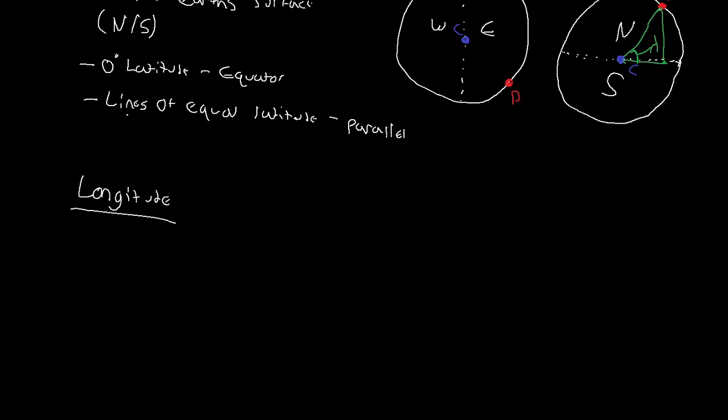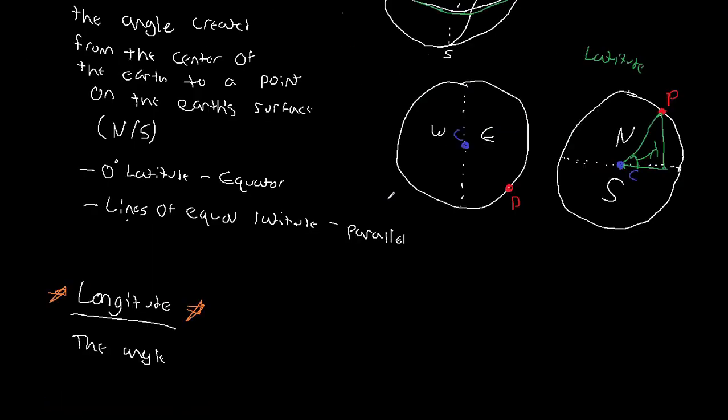Right, longitude. We're going to do this one in orange when we draw it out. Okay? All right, so longitude is the angle. It's going to look very similar. In fact, I'm going to try and scroll up so we can see both definitions.